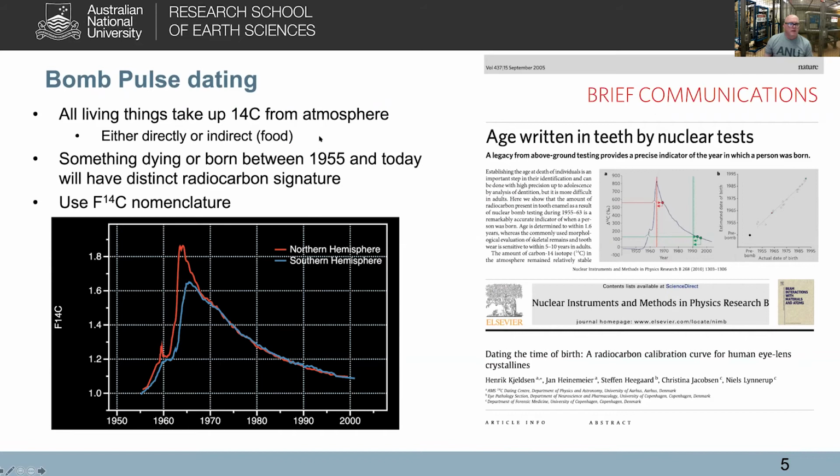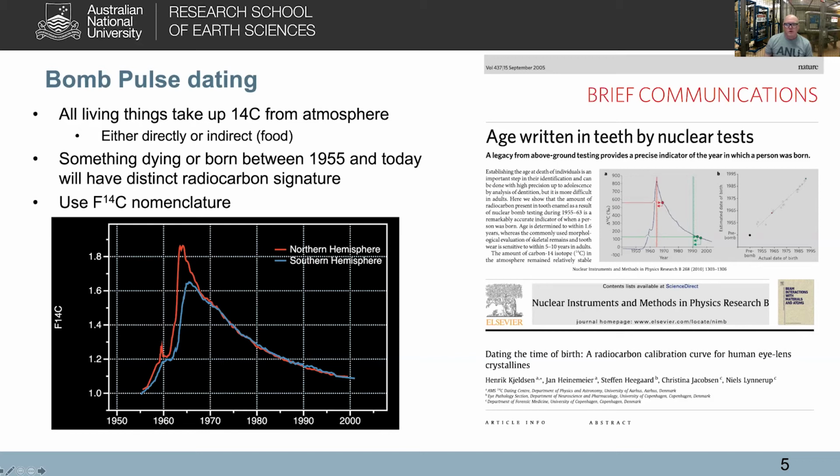As Rachel had mentioned, all living things take up carbon-14 from the atmosphere, either directly via photosynthesis or indirectly as your food. So something that's born or dies between 1955 and today will have this distinct carbon-14 signature.